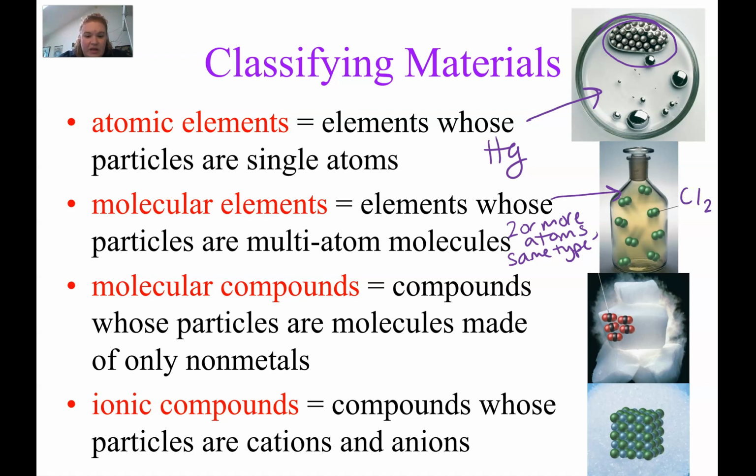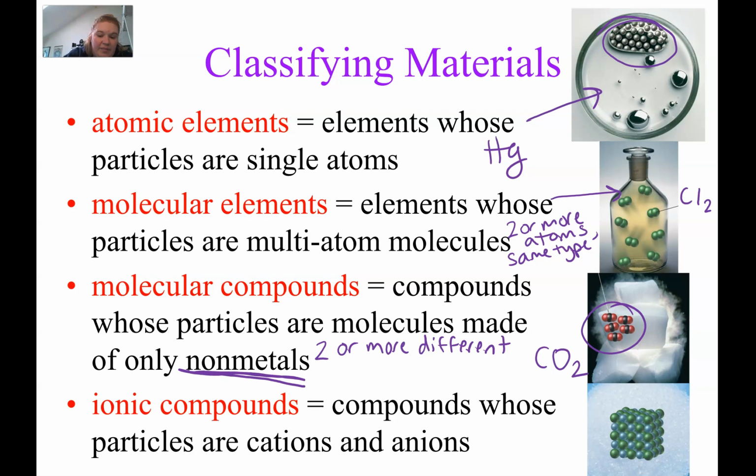Molecular compounds are compounds that are made up of nonmetals. So this is two or more different types, and it's specifically nonmetals. And our example over here, that is carbon dioxide, and that's CO2, or dry ice.